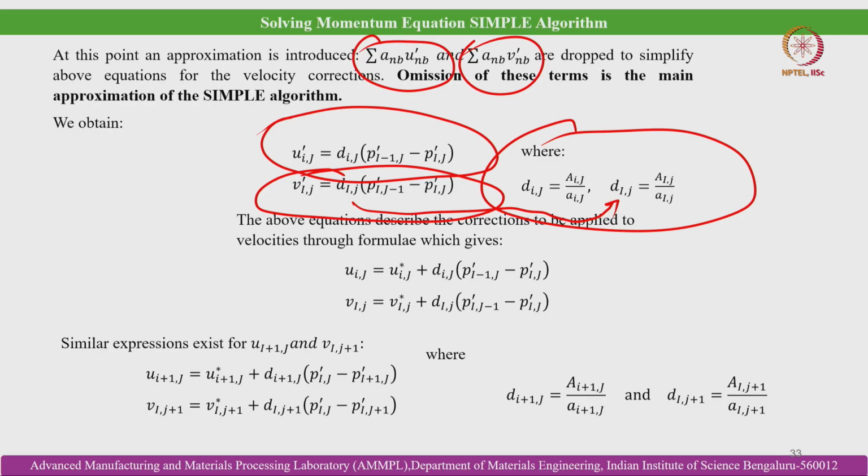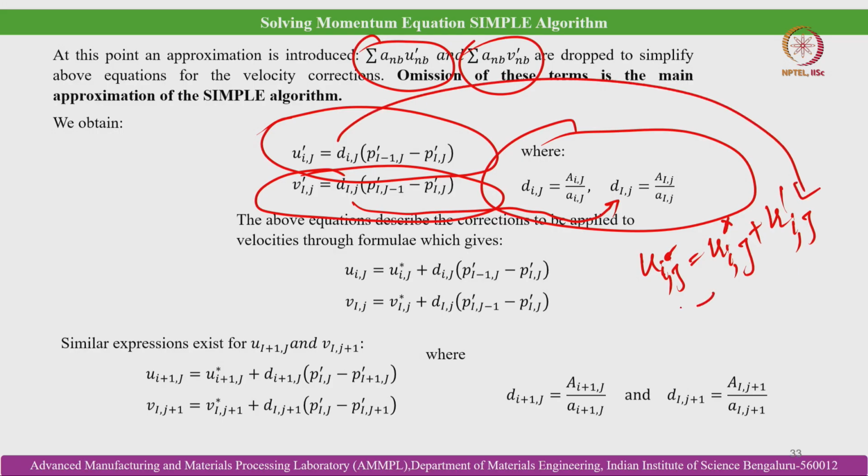So the above equations describe the corrections to be applied to velocities through formulae. Basically we have estimated u prime i j and v prime i j. Now we can get the actual velocity u i j equal to u asterisk, the guessed value of x velocity i j, plus d i j times the pressure correction difference. Because we know that u small i capital J is equal to u asterisk small i capital J plus u prime small i capital J, putting the value of u prime here we arrive at this expression.